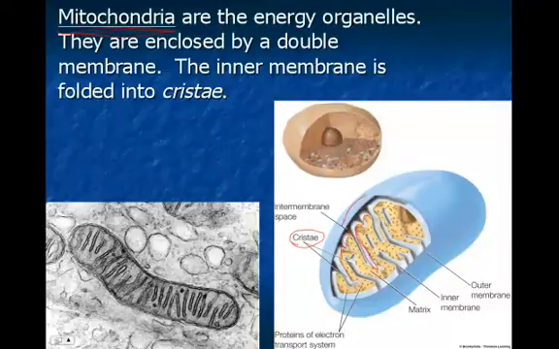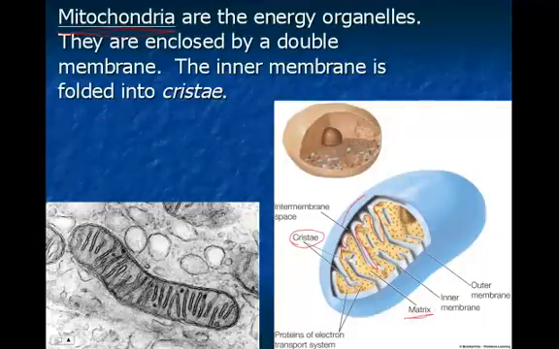Now inside the inner membrane, because we're going to refer to this later on, okay, inside this inner membrane is again going to be this kind of fluid-filled substance with proteins and enzymes that we'll talk about, and this is actually called the matrix.